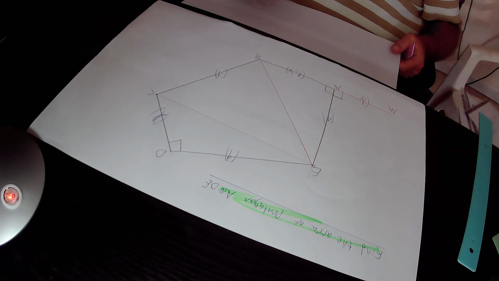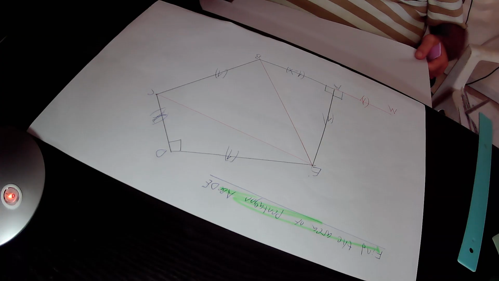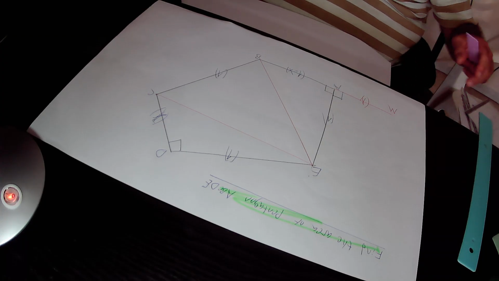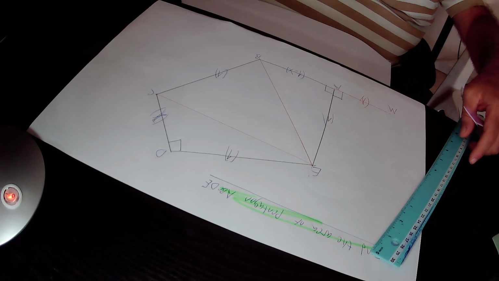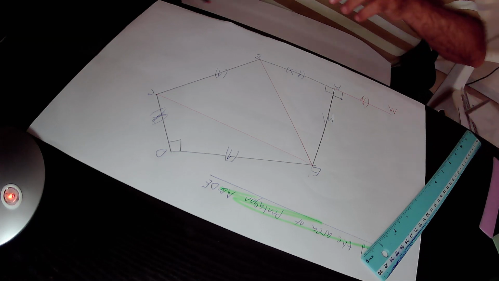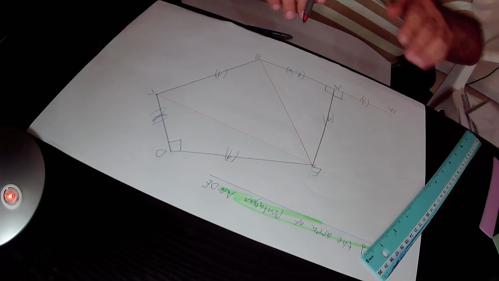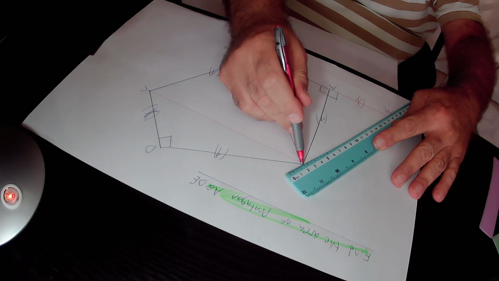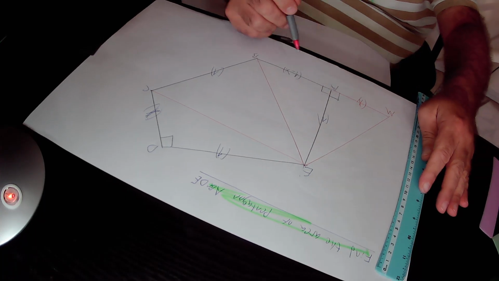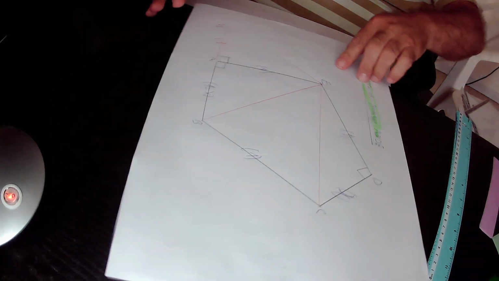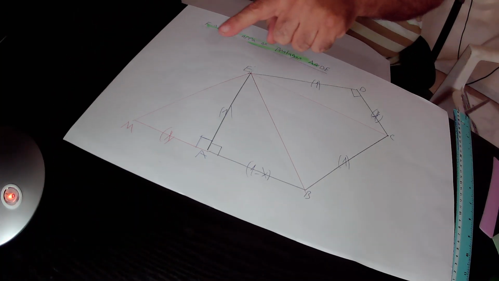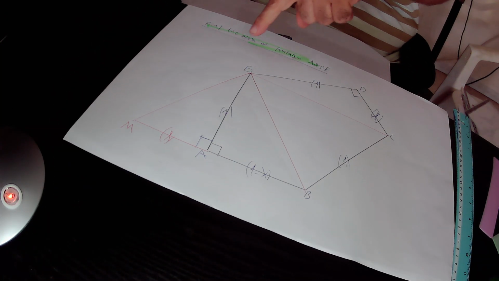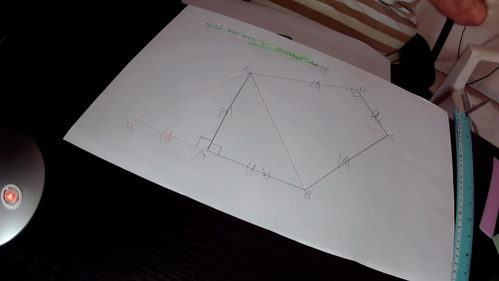In the next step, we join points E and M together by a straight line. By joining points E and M, we create the right triangle EMA.